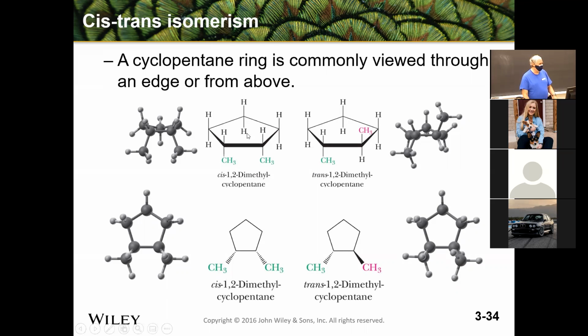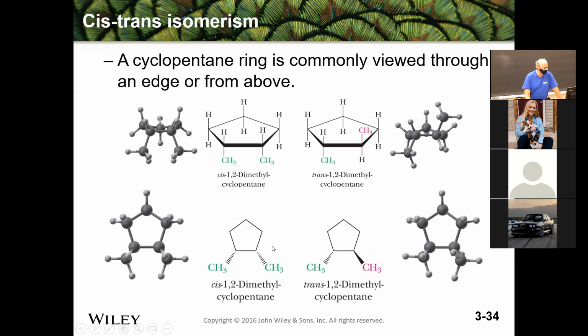The only way we can go from cis to trans is to break a bond and then reform it in a new location. So these are two ways of representing the 3-dimensional geometry of these cis-trans isomers. You can show it like this, or you can show the dashes and wedges. This means that both methyl groups are back.